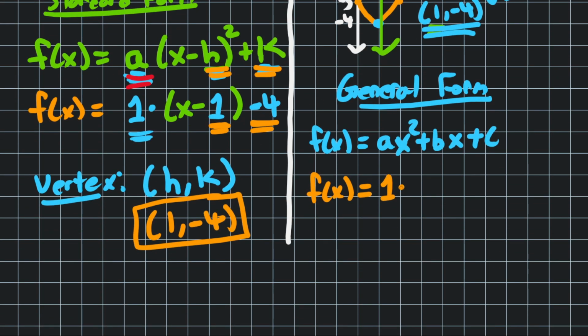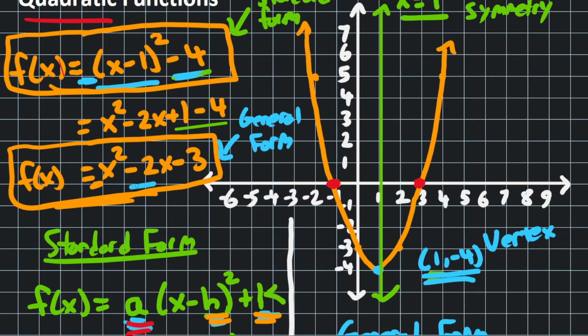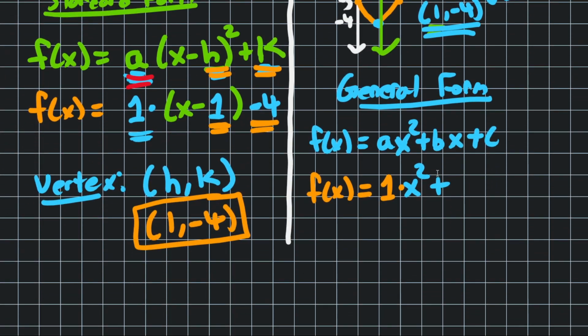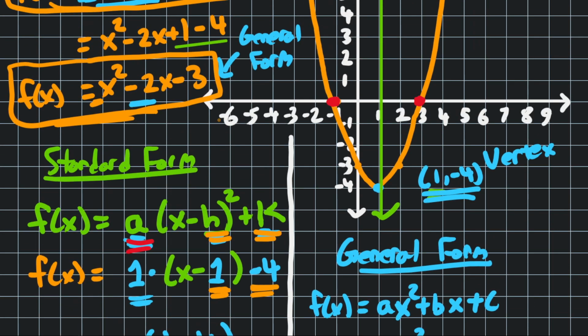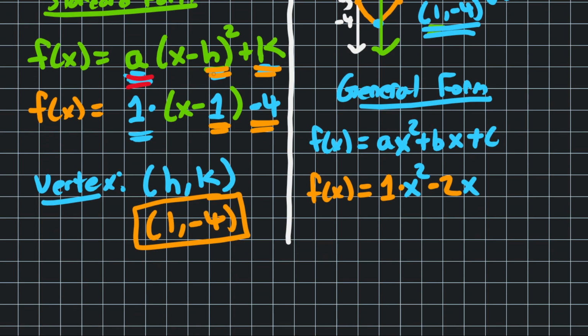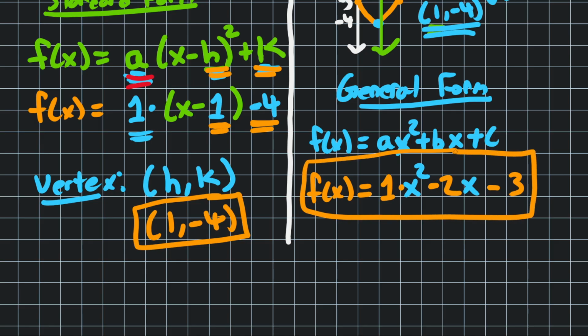So 1 times x squared, plus b, so our b is -2, so we could just write minus 2x, plus c. What is our c? -3. So we could just go ahead and write -3. And there we go. That is the quadratic function in general form. So that's important to know.